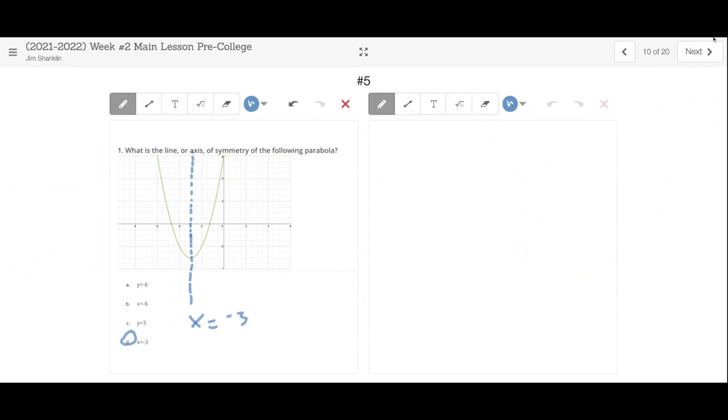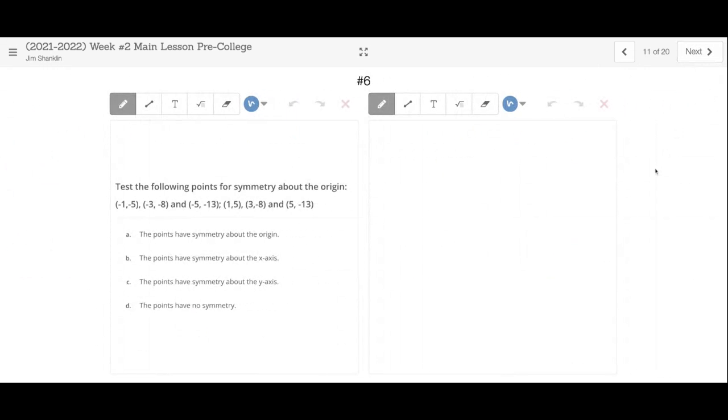All right, let's see if there's another one like that. I guess not. Test the following points for symmetry about the origin. Now this problem, I wish I had a piece of graph paper. It would make it a whole lot easier. In this problem, I'm just going to put the points in there.